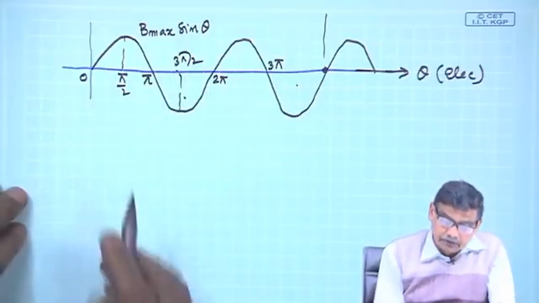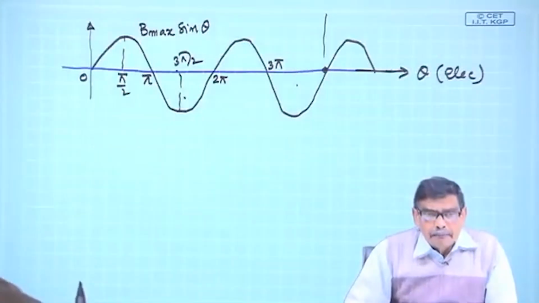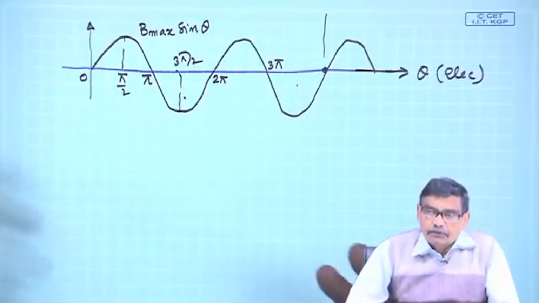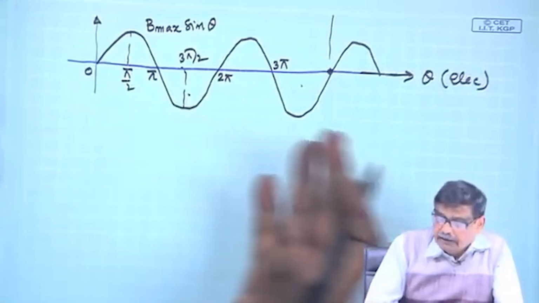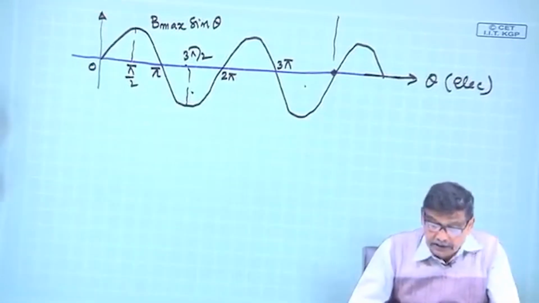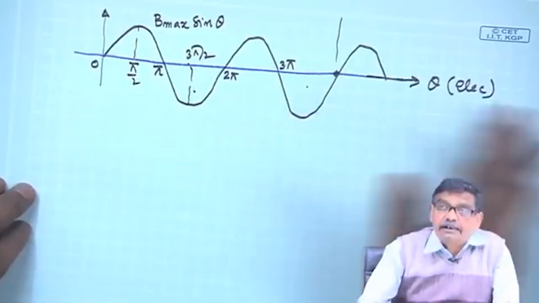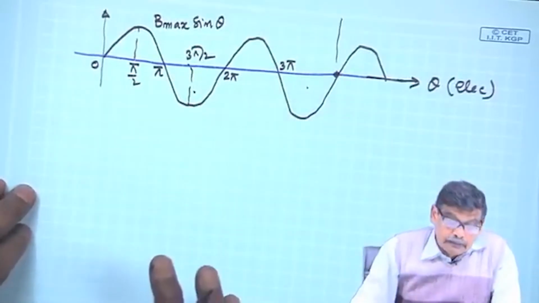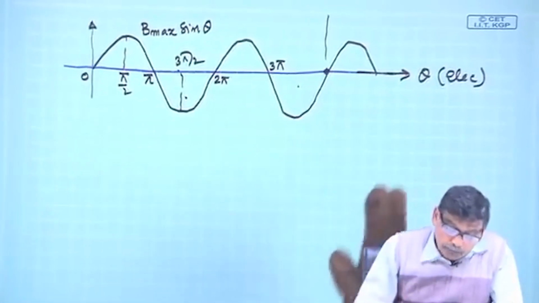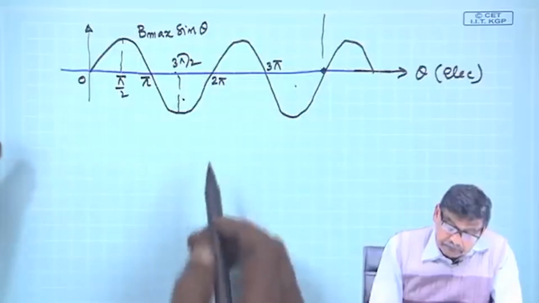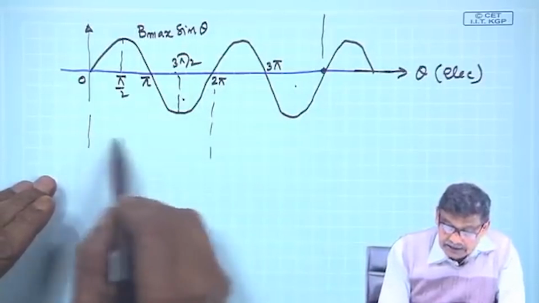Is that clear? So, whenever you show the B distribution, because you do not know whether it is a 4 pole machine or 2 pole machine, it is better to show it in terms of electrical degree, this will give you a true picture. So, if it is a 4 pole machine, you know this is 720 degree.